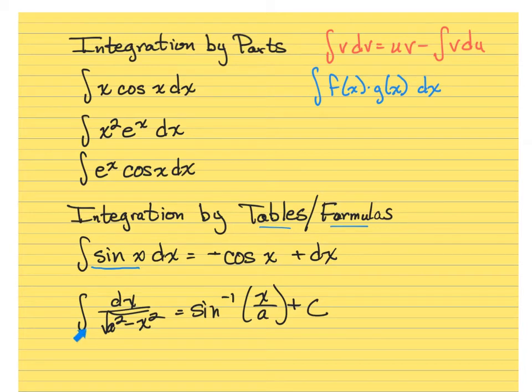We just have to recognize, oh, I've seen that pattern before, and we look in our tables or look in our formula sheet, and we see that's the inverse sine. So there are a variety of those that we just have to remember. And of course, we can use these integration by tables at any point in the process. All it takes is for us to recognize the integrand is one of those formulas.